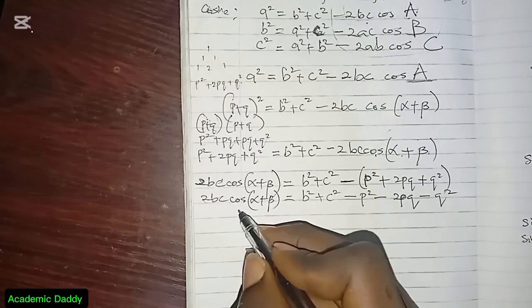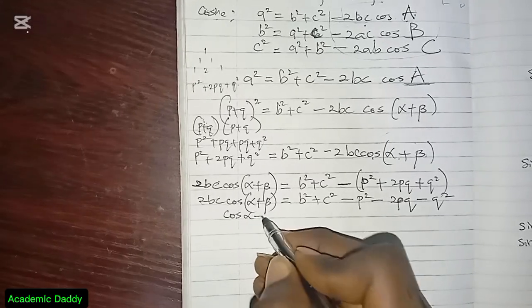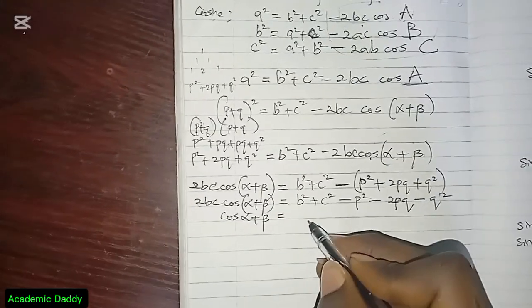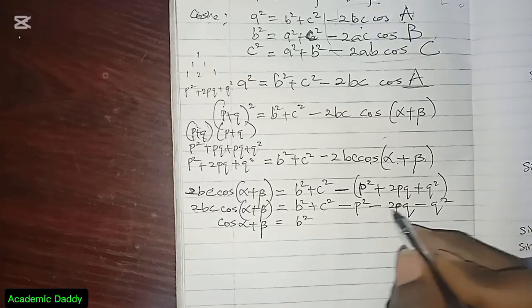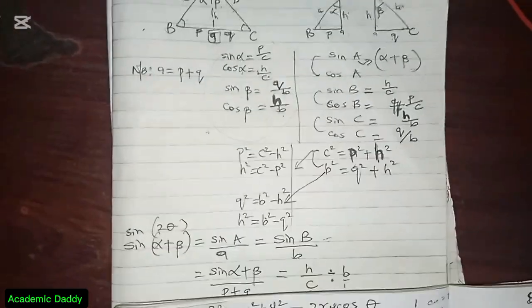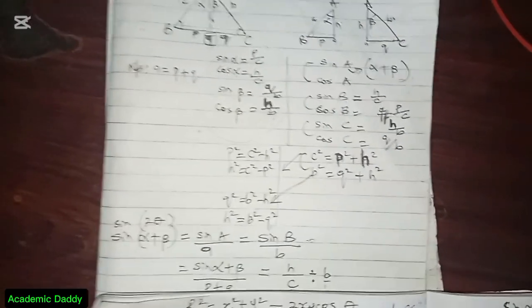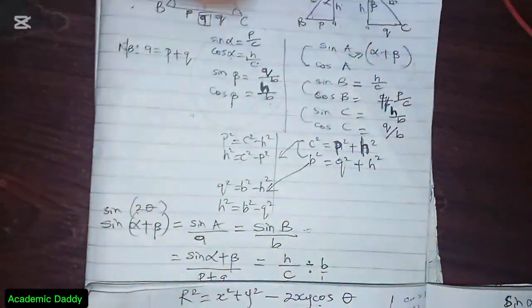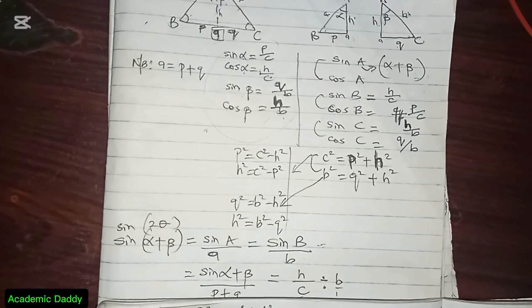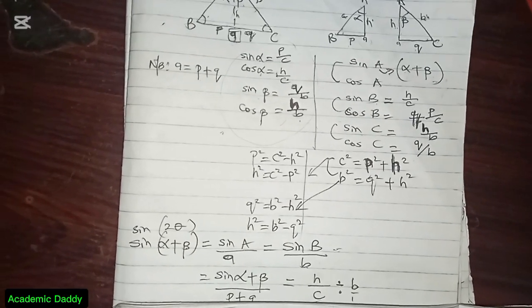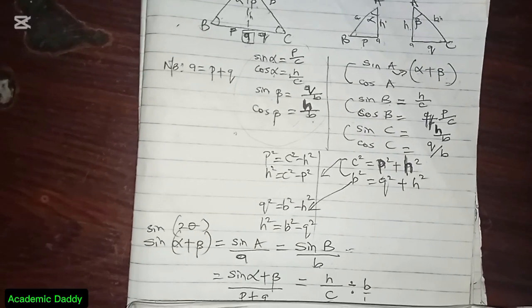So making cos (alpha plus beta) the subject, the formula now, cos (alpha plus beta) will be equal to P squared. Now I notice I've seen this from the Pythagorean identity. When you're doing trigonometry, your mind always needs to tell you why I first drafted these things before starting to prove this. In my first class, I told you that every time you're doing a trigonometric identity, you hear some people say there's no standard rule of doing trigonometry.